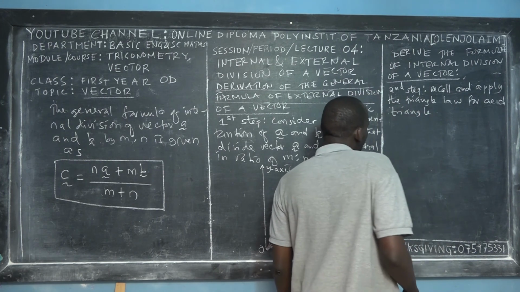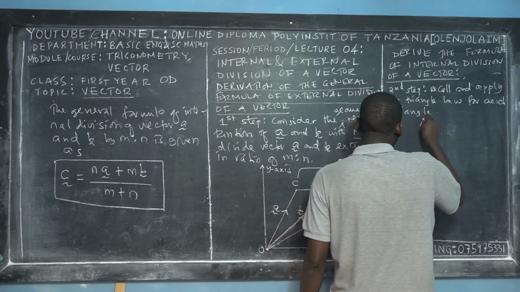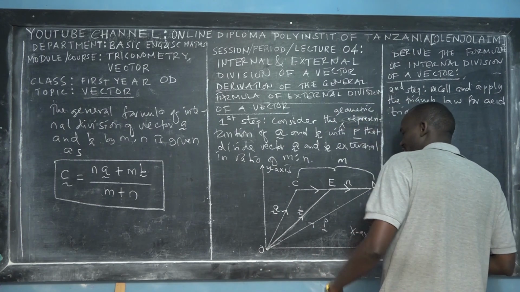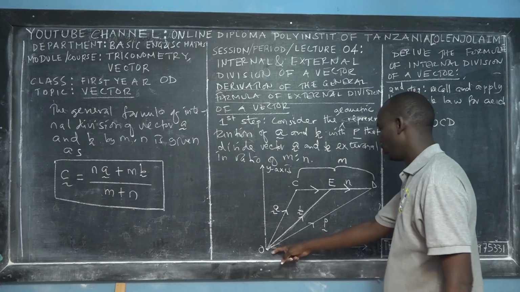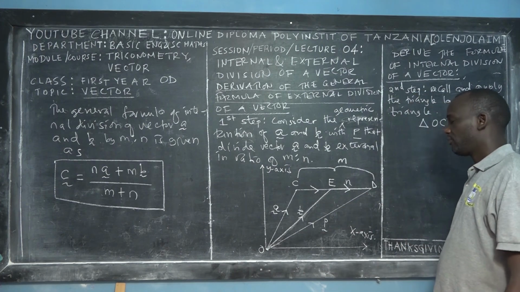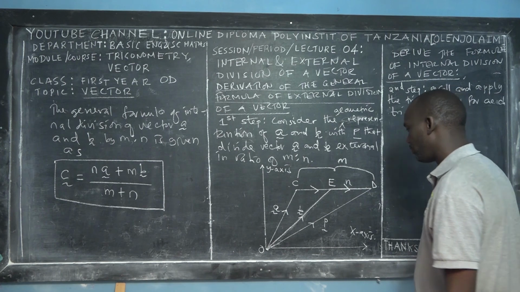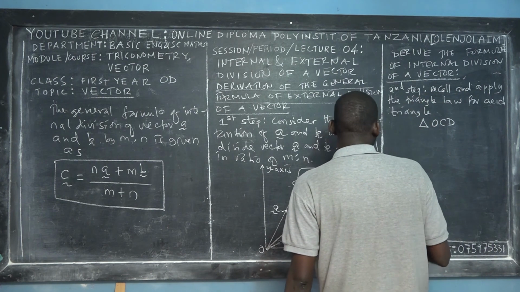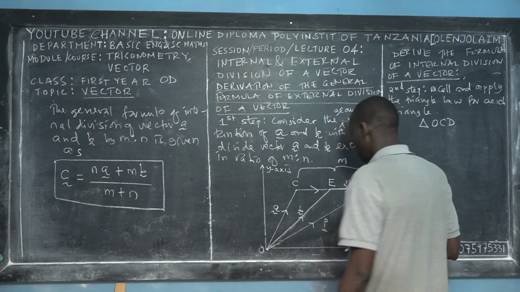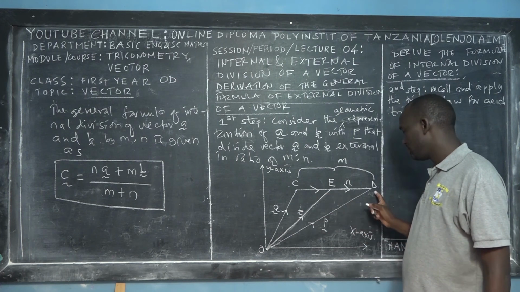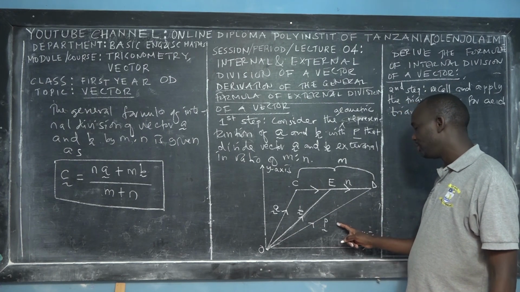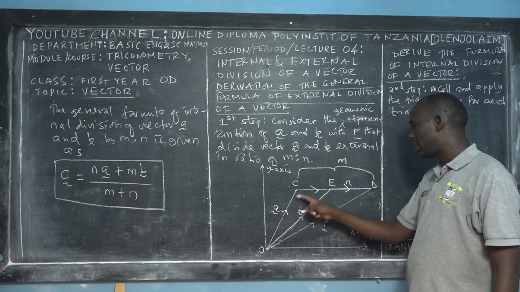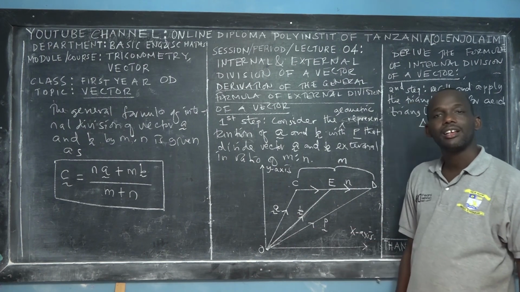Each triangle. So let us consider the first triangle, the largest triangle, which is triangle OCD. We have three vectors there. The first one is vector A, and vector CD, that displacement, and vector P. So which among these three vectors is a resultant vector?